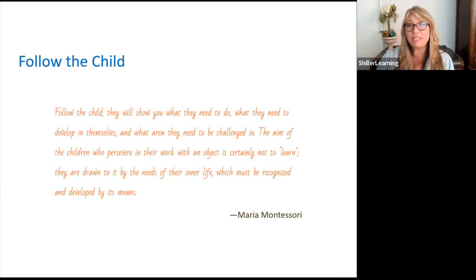The second period does tend to be the one that takes the longest, and there's a lot of opportunity for discovery and creativity within that. But with the Montessori approach, teaching always moves at the child's pace, and the 3-period lesson is no exception.